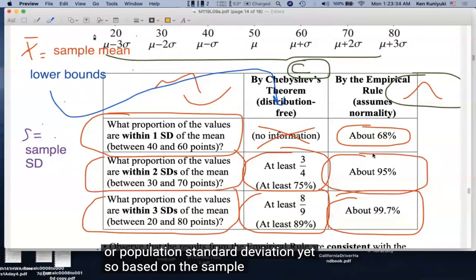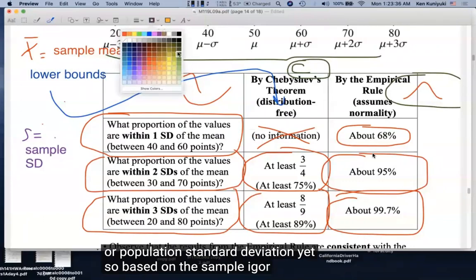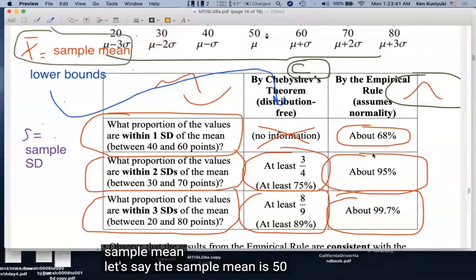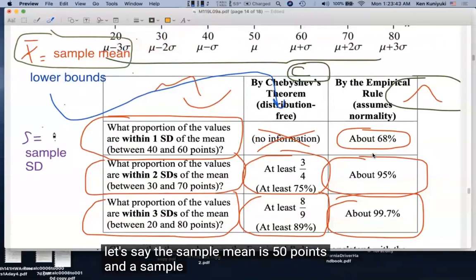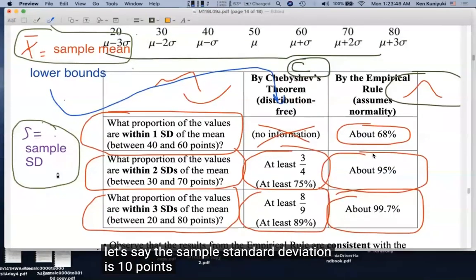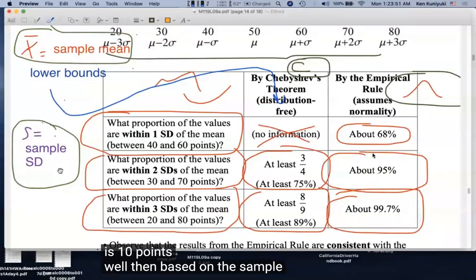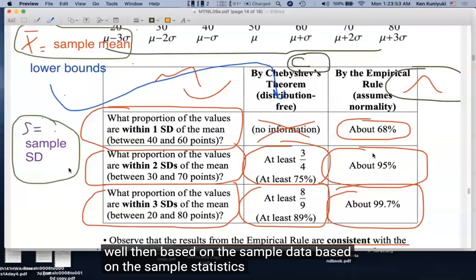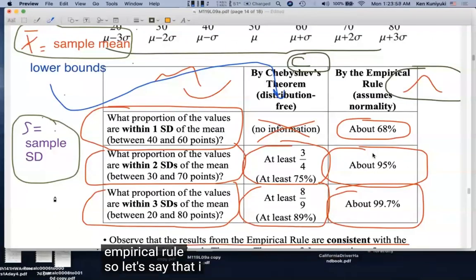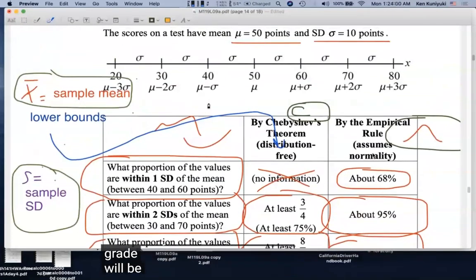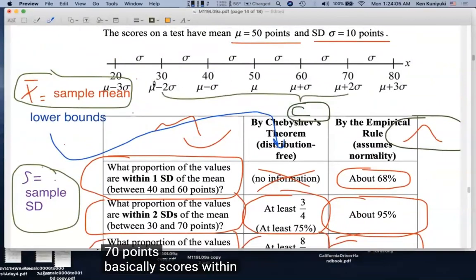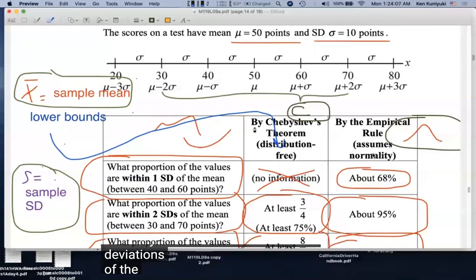So based on the sample of 7 tests, Igor gets a sample mean, let's say 50 points, and a sample standard deviation, let's say 10 points. Then based on the sample statistics, I can use Chebyshev's theorem and the empirical rule. Let's say that I decide that a C grade will be something between 30 points and 70 points, basically scores within 2 standard deviations of the mean.